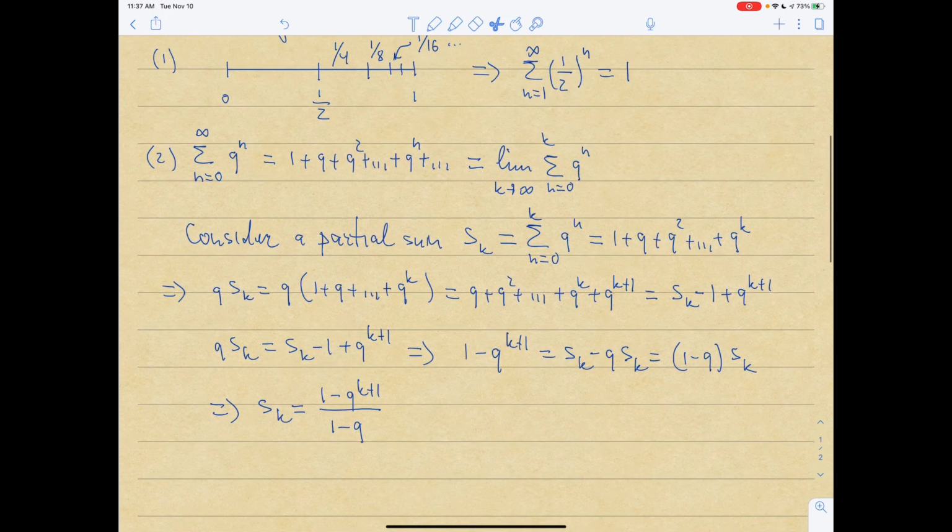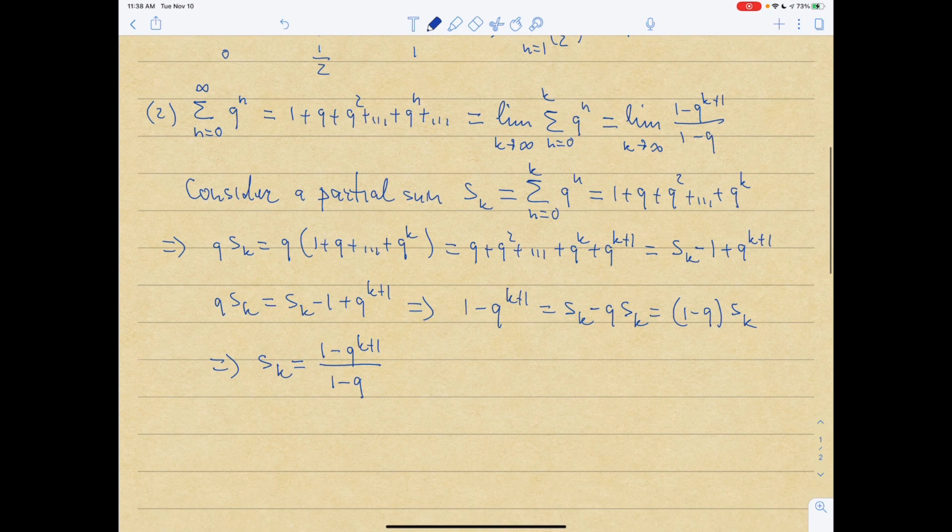And so therefore, what I'm supposed to put in here is going to be the limit as k goes to infinity of 1 minus q to the k plus 1, divided by 1 minus q. Okay, so let's see what we should be able to say.